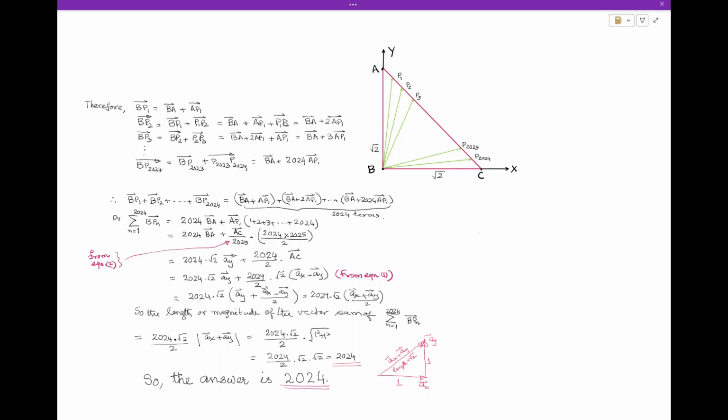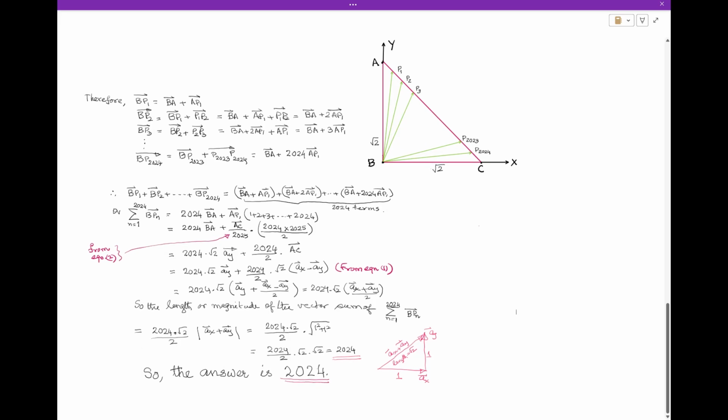Continuing in this fashion, we get vector BP2024 is equal to vector BP2023 plus vector P2023P2024, and that will be equal to vector BA plus 2024 times vector AP1.